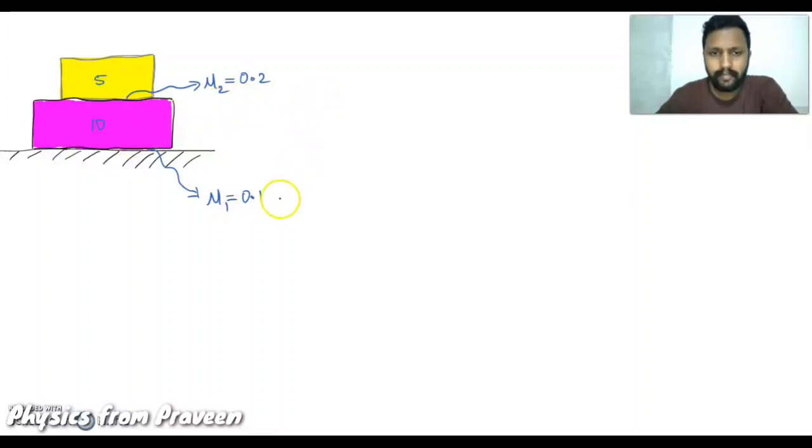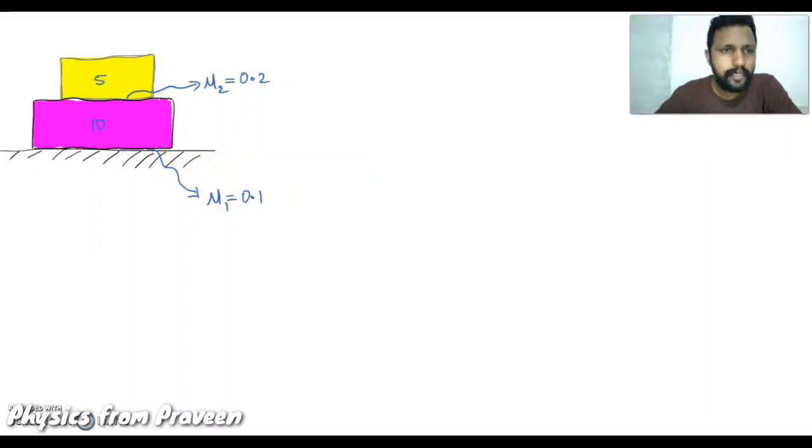For simplification, if they don't give you the coefficient of kinetic friction, you can take the coefficient of static friction as the coefficient of kinetic friction itself. It will be slightly different, not that much different.